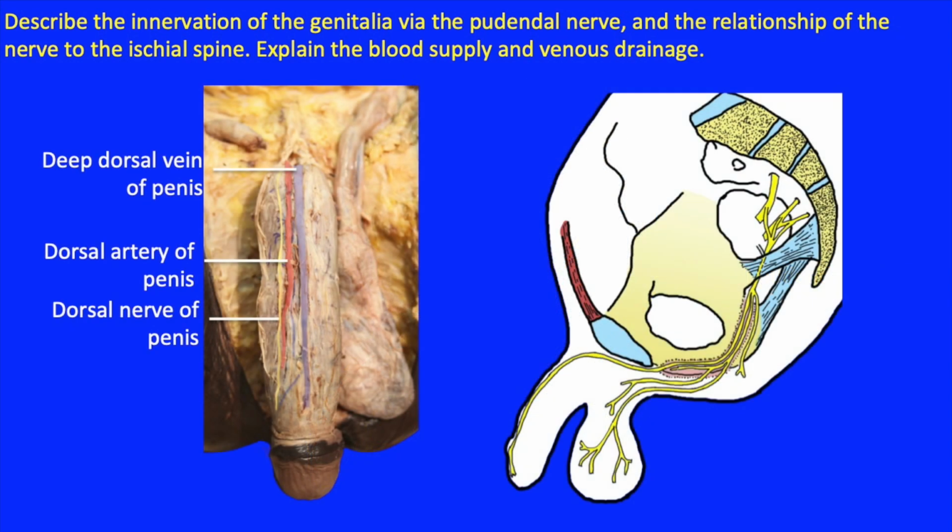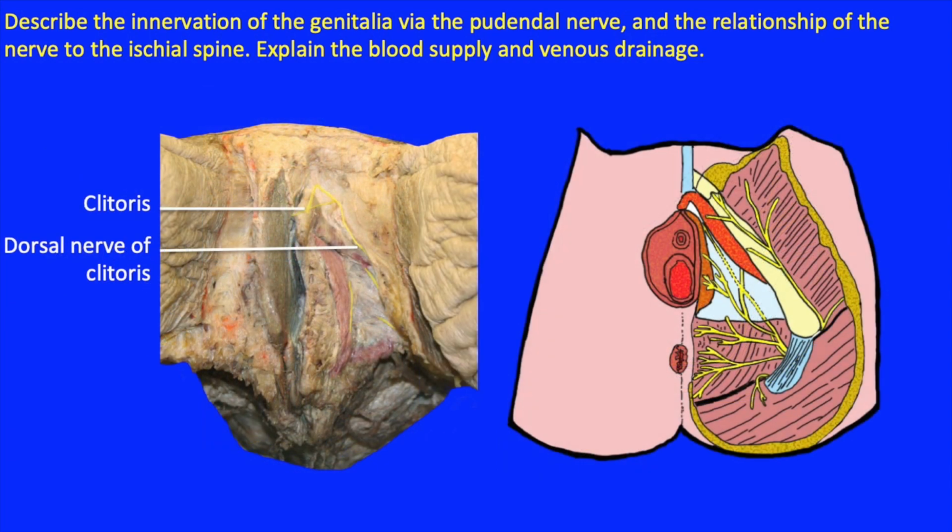Finally, we reach the dorsum of the penis and note that the dorsal nerve of the penis, the terminal branch of the pudendal nerve, is lateral to the terminal branch of the internal pudendal artery. Further, there's only a single prominent deep dorsal vein of the penis that drains back to the prostatic plexus. The path of the pudendal nerve in the female is identical to that of the male.